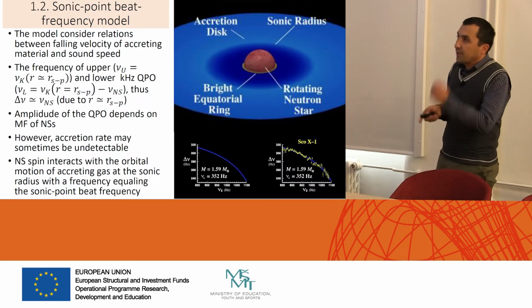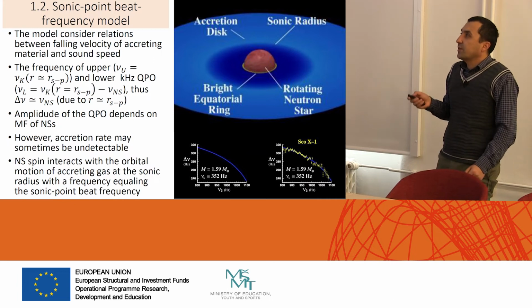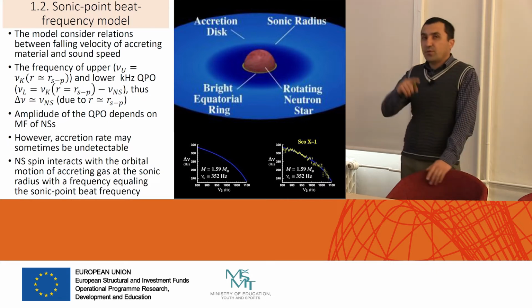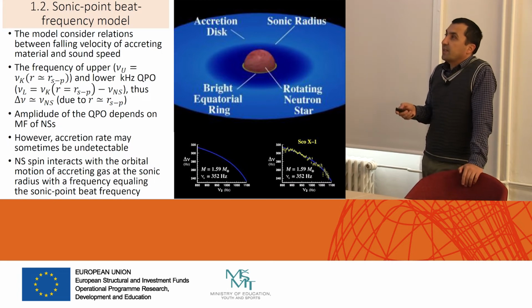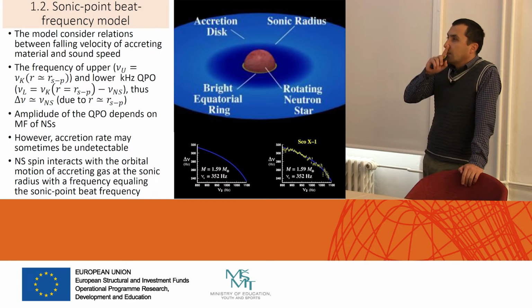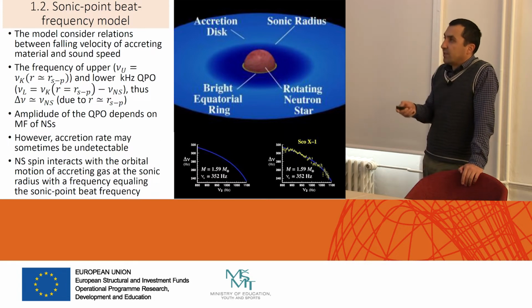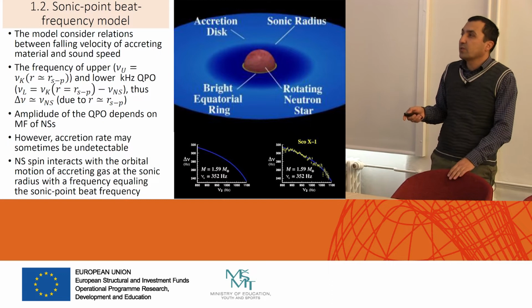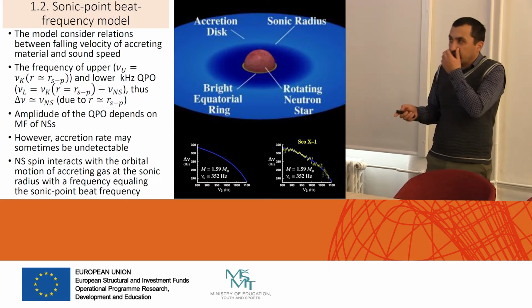Actually, the amplitude of the peaks depends on the neutron star's magnetic field at the surface of the star, and according to this model the accretion disk can sometimes be undetectable. The neutron star's spin interacts with the orbital motion of accretion gas at the sonic radius with a frequency equivalent to the sonic point beat frequency.